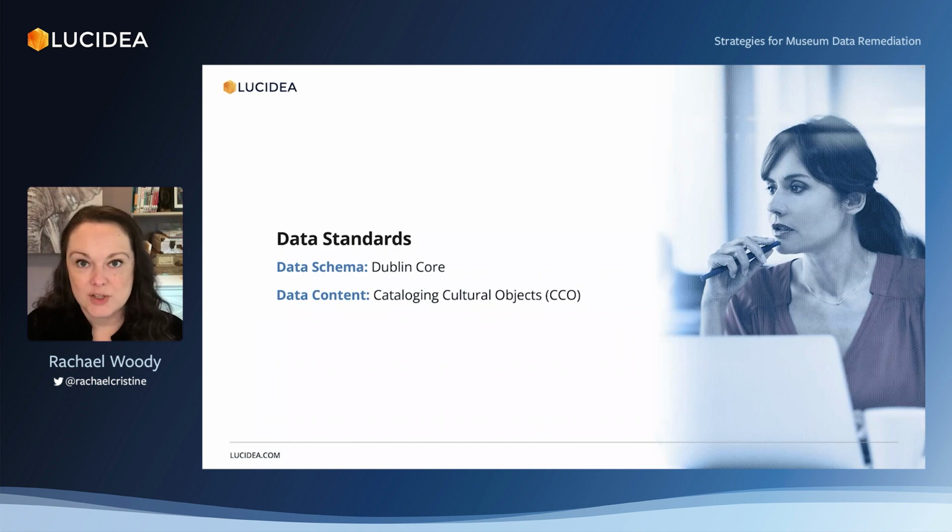For us, we'll focus on the Dublin Core as the schema and the cataloging cultural objects, CCO, as our content standard. And that is essentially the content that goes in the field. So schema is choosing what fields are we using, and then content is the actual content of data, how we put it into those fields. And both of those work together, if we're following both sets of standards, will help make our data the most useful and the most effective.